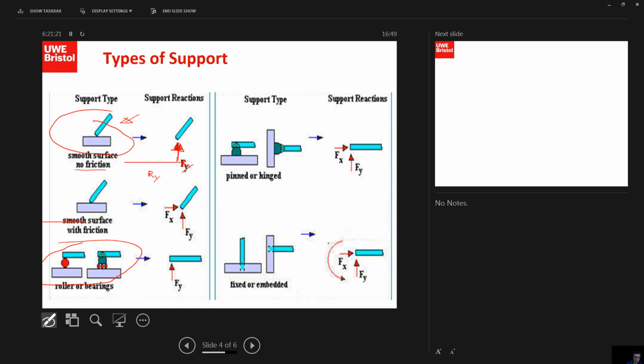So again, we've got no reaction forces that can occur in the horizontal sense, so all we have is a reaction force going in the y direction.